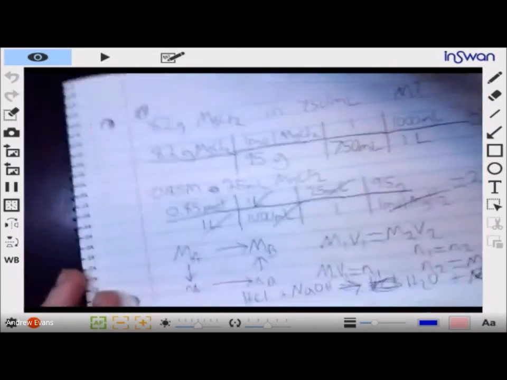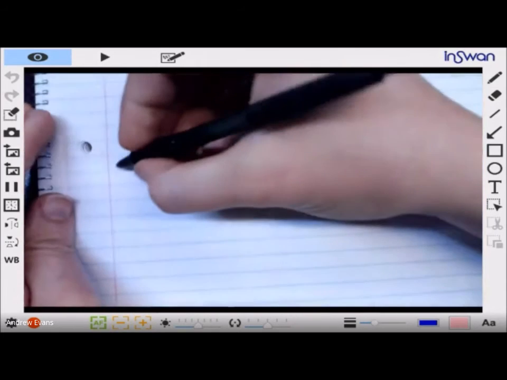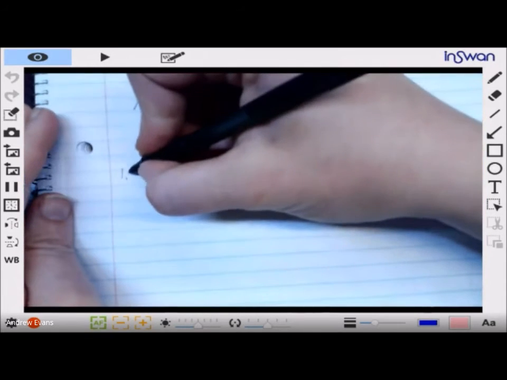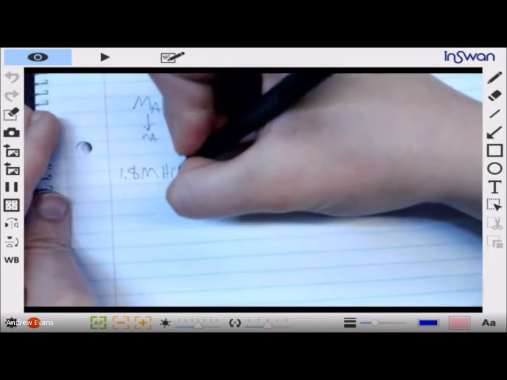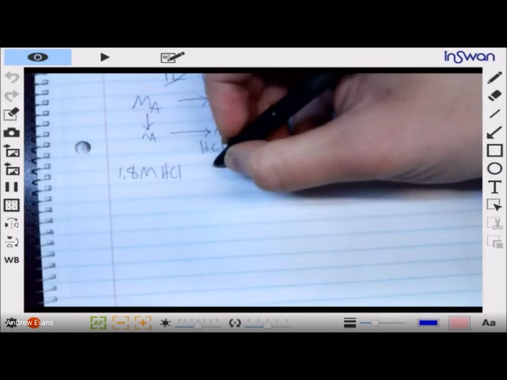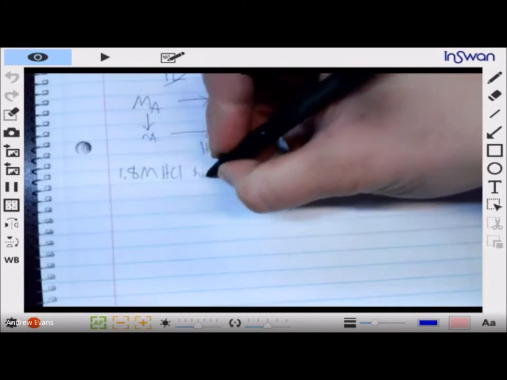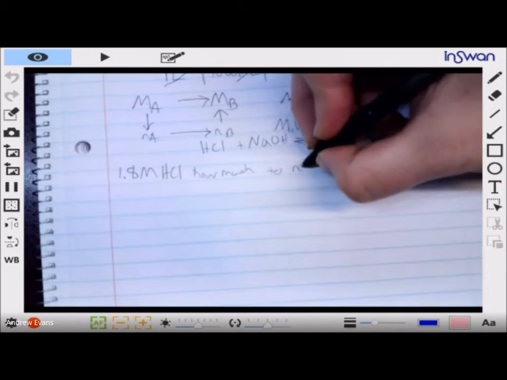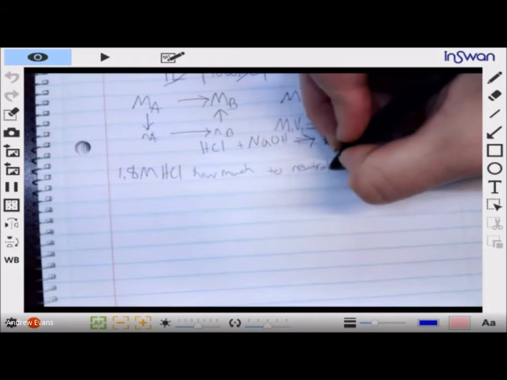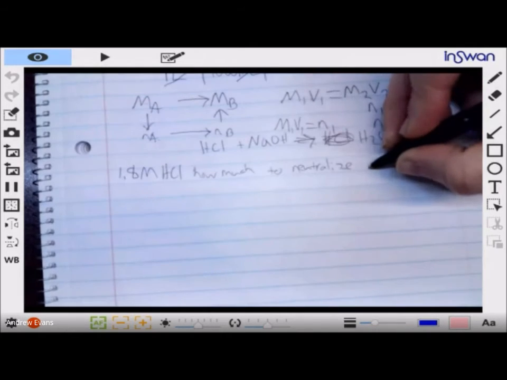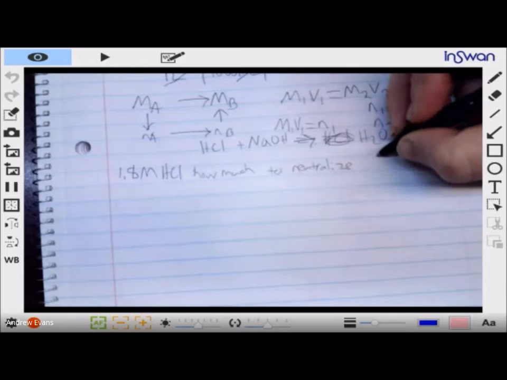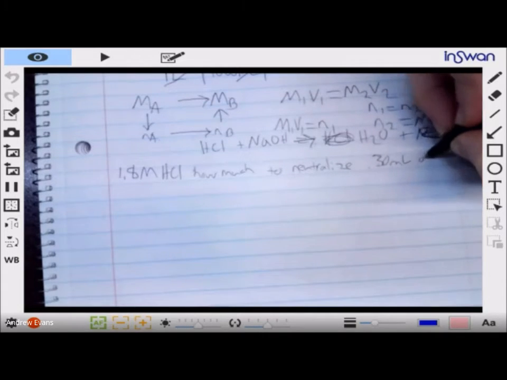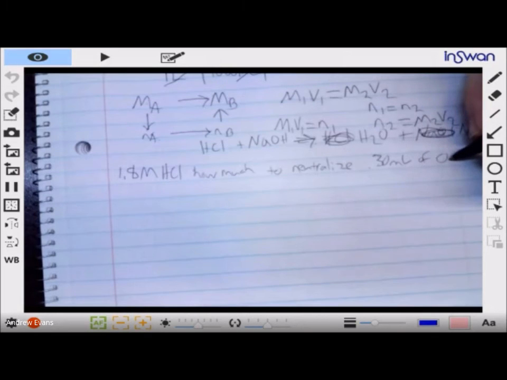If in this acid-base equation I have 1.8 molar HCl, how much do I need to neutralize, let's say, 30 mils of 0.5 molar NaOH?